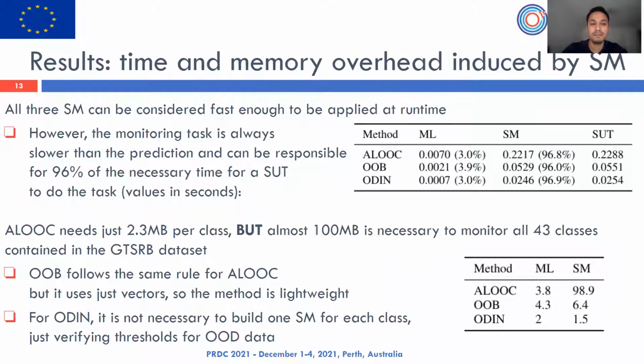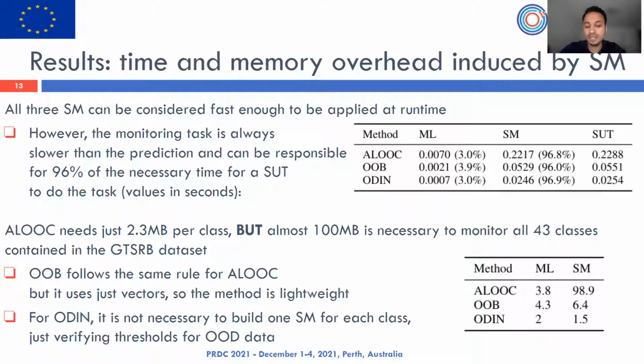We have the time and memory overhead here. As you can see in the first table, the monitor is quite fast, but it is responsible for more than 90% of the overhead of the system. So it actually applies a lot of overhead inside the full system. And in the second table, we have the memory usage of these safety monitors.